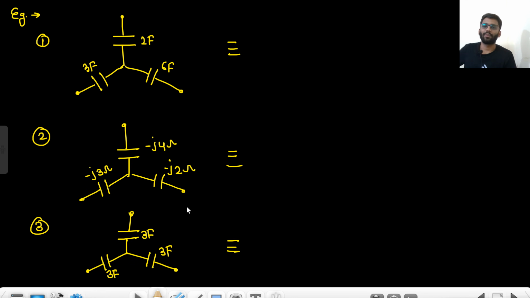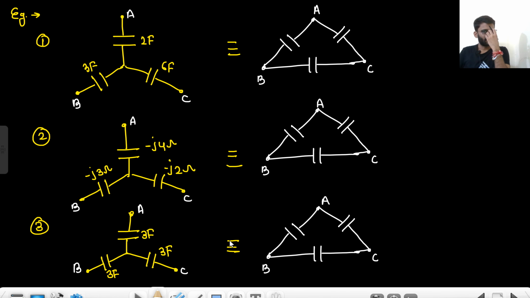Okay, now tell me the answer for all these things. Let me make it first. Okay, so these are the notes. So between A and B, what we will be having? Between A and B, multiplication of these two divided by addition of all. So multiplication of these two is 6 divided by 6 plus 2 is 8, plus 3 is 11. 6 by 11 farad.